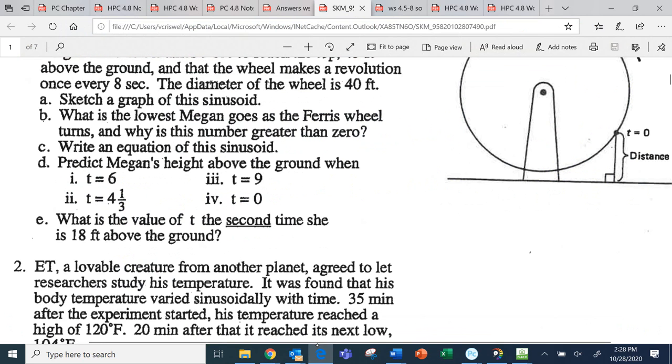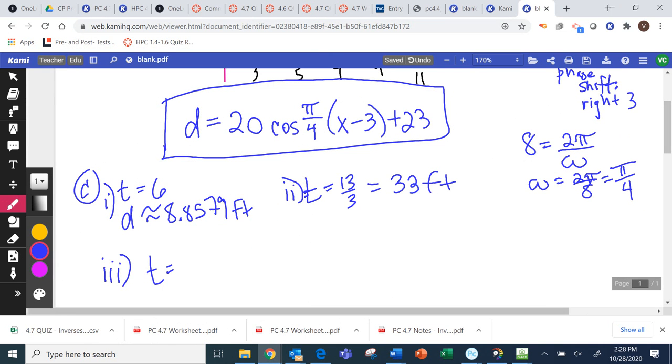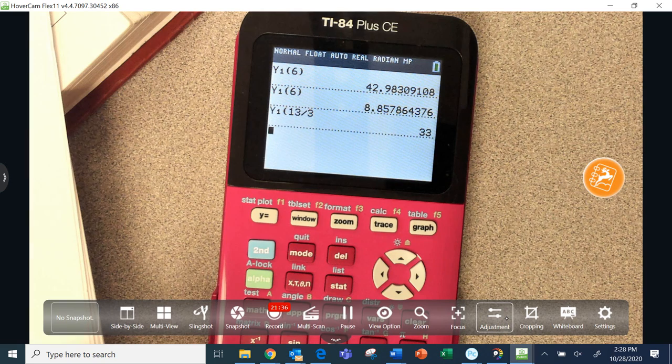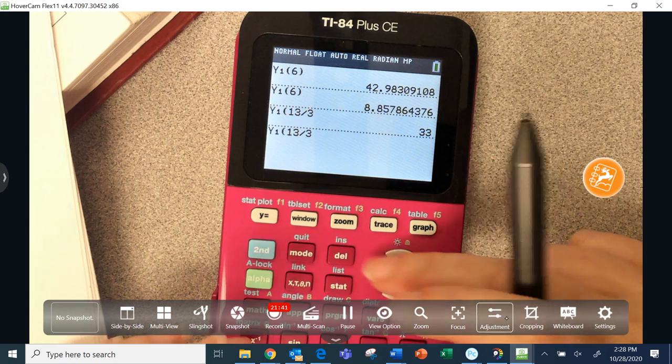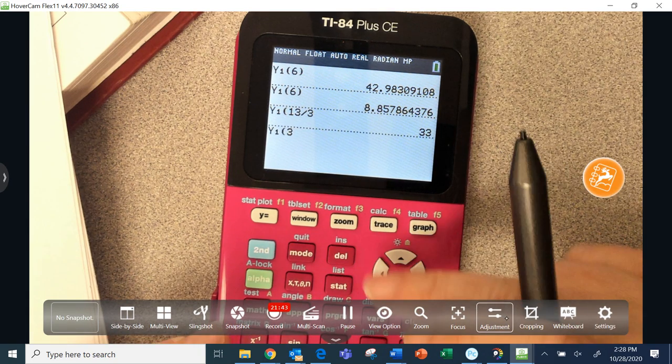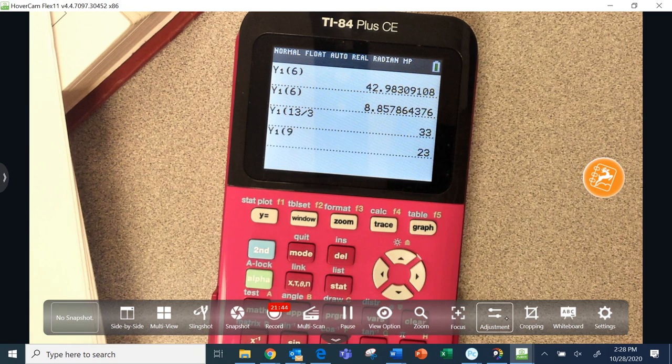And then the third one says 9. So I'm just going to use my calculator again, and second enter. I'm going to change this to a 9. And now it's 23 feet.